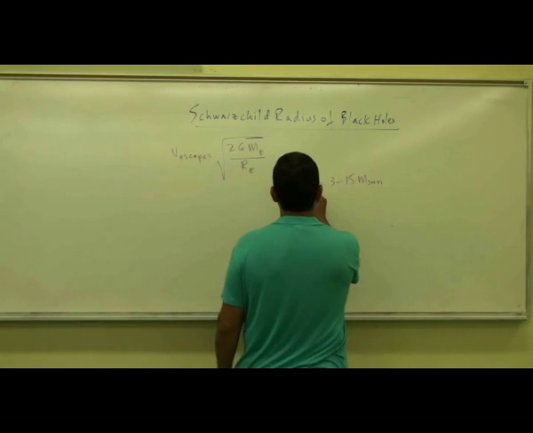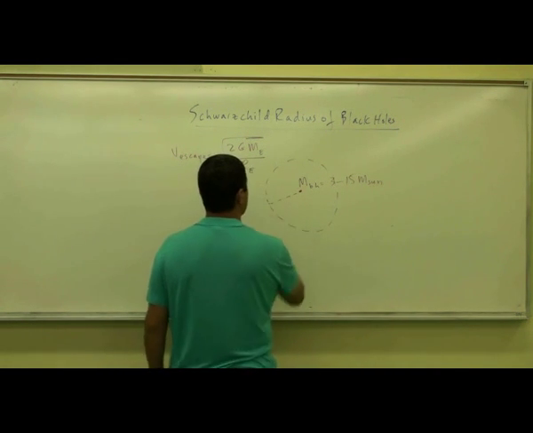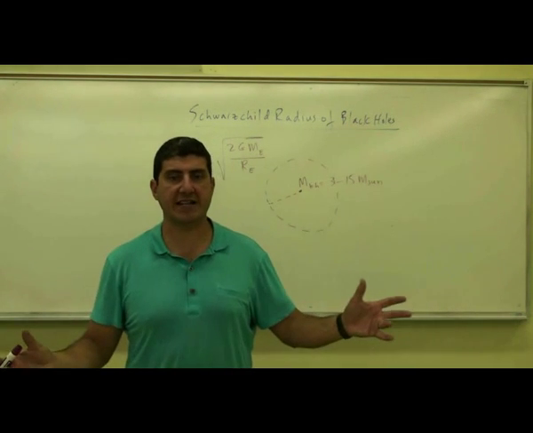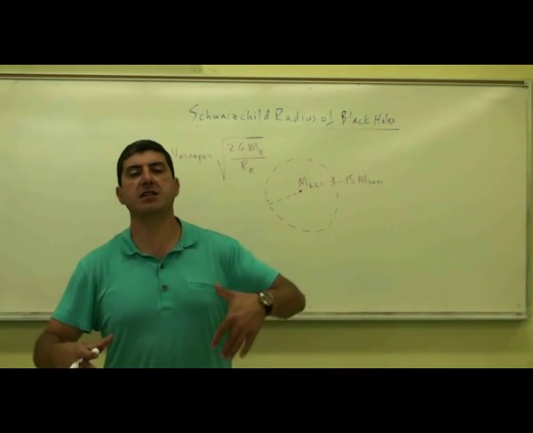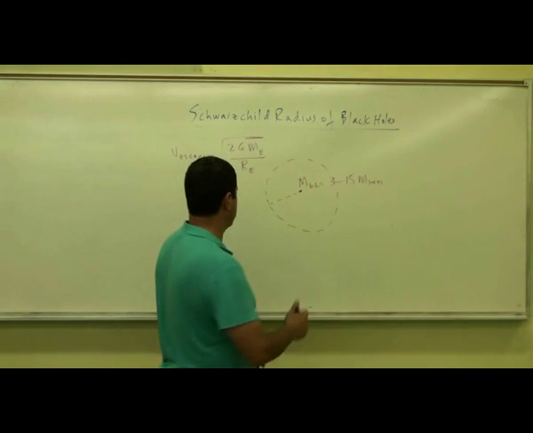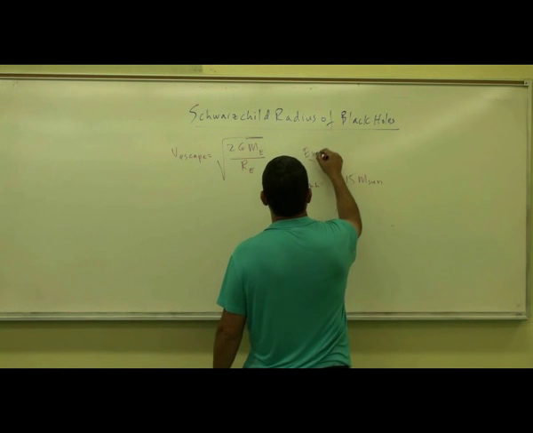So there's going to be a region around that singularity where gravity is so strong that to escape from it you're going to need a speed faster than the speed of light. The edge of that region is known as the event horizon.